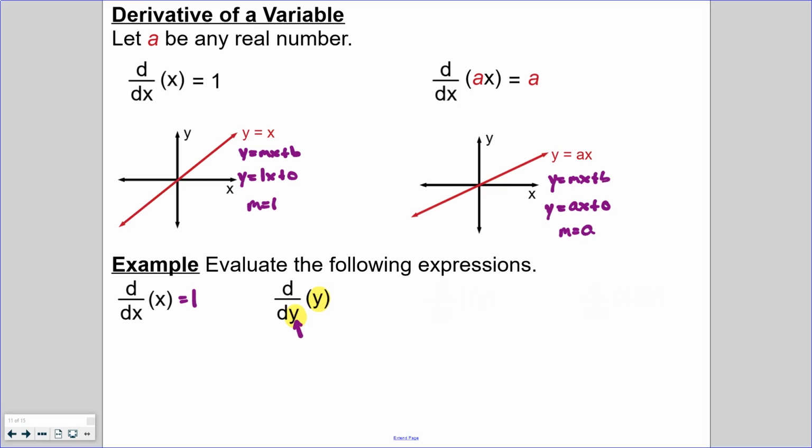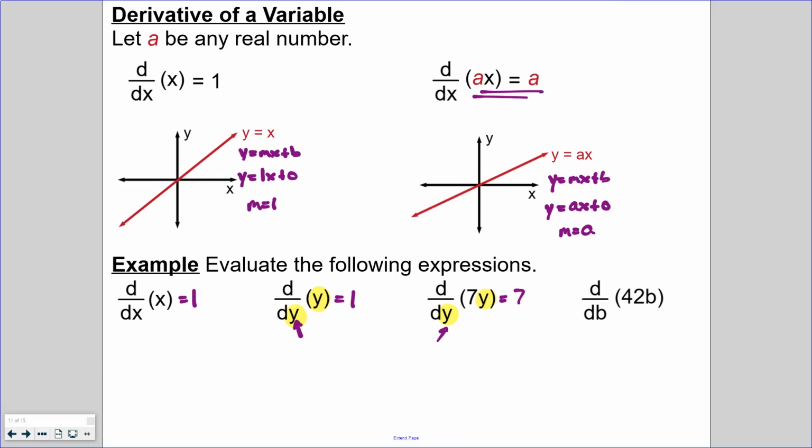And we know the derivative of a variable is just 1. Boom, done. All right, moving on, we're going to find the derivative of 7y. Again, y is the variable, since the y is in the variable spot of our derivative notation. And using the formula up above, we know the derivative of 7y is just going to be 7.